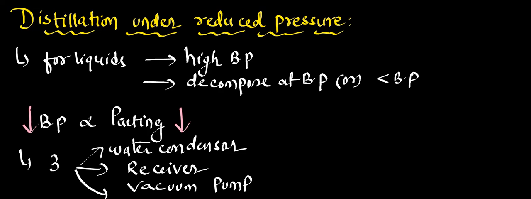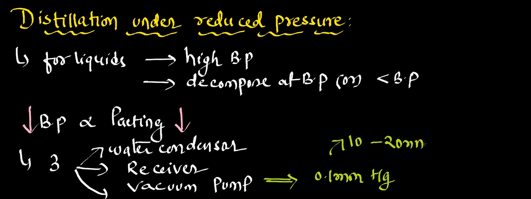When the pressure acting on the liquid is reduced, automatically the boiling point of the liquid is also reduced. With the help of a vacuum pump, we can obtain 0.1 mm of Hg pressure, so we can obtain a very low value of pressure as well. And we can also maintain 10 to 20 mm of Hg pressure so that the boiling point of the liquids can be lowered.